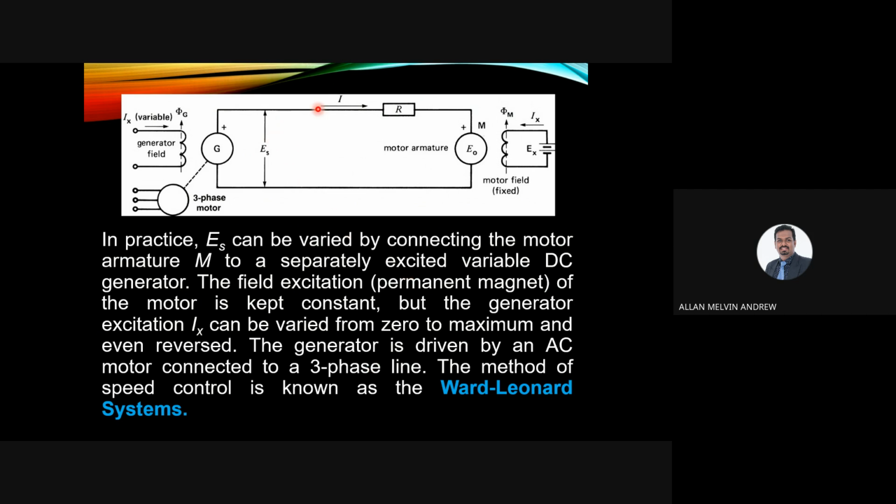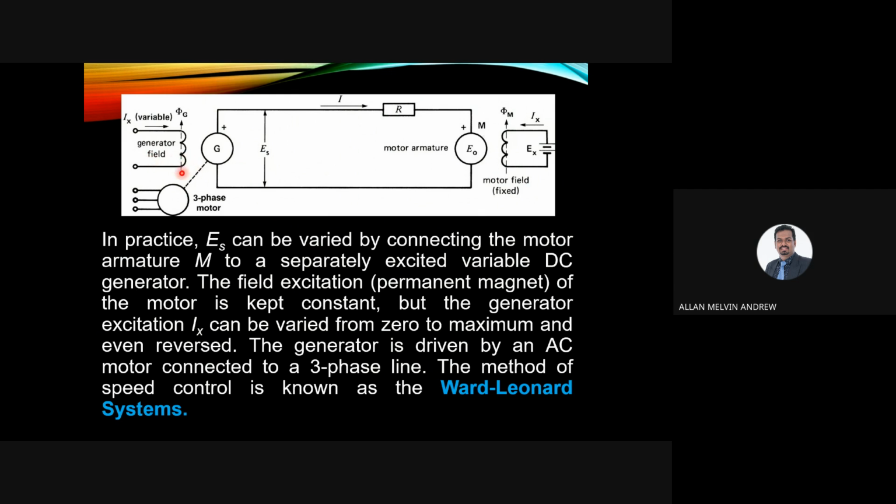So if we look, we have this system. The system has two generators. This is the field generator, and this is another generator, which is usually fixed, but for this, we can vary the variables.